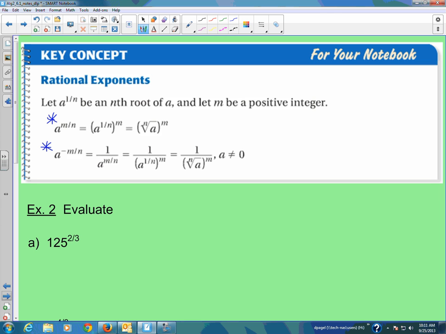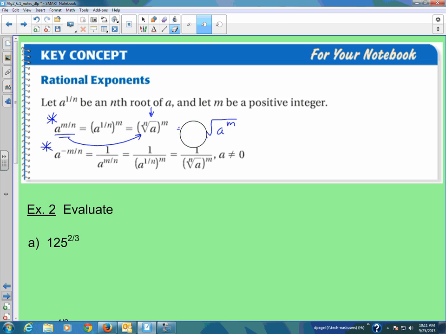Now, in this example, a to the m over n power, we see it written this way. There is another way that we can express this. In this example, we're taking the root first, and then we're raising to the power of m. We could also raise to the power of m first, and then take a root.